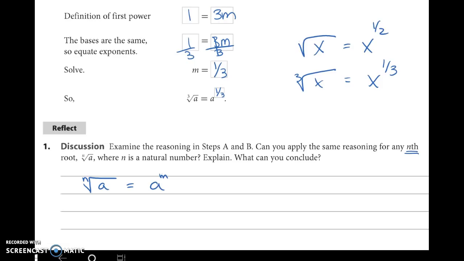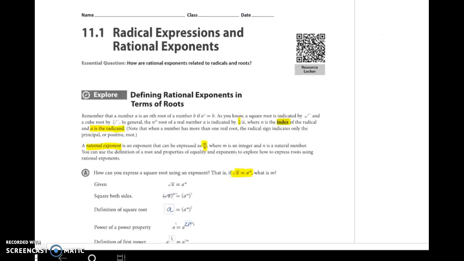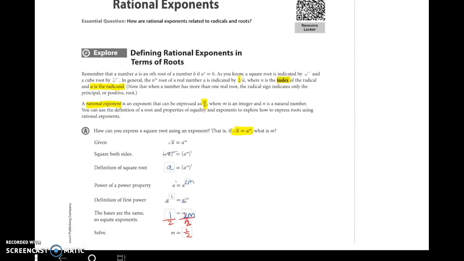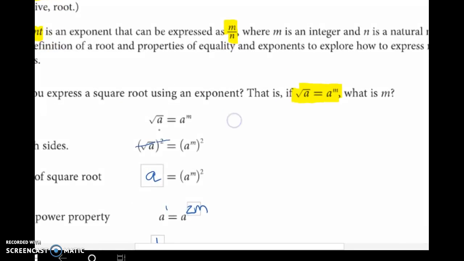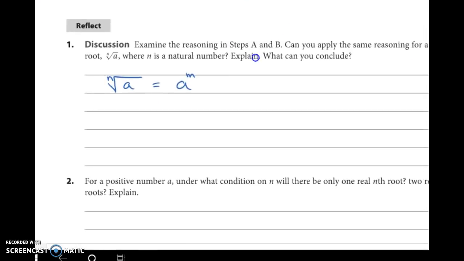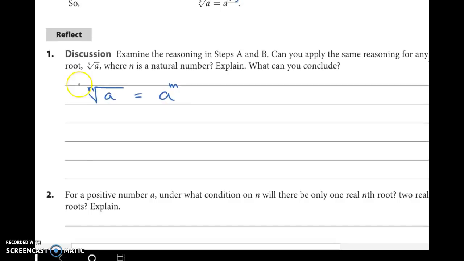Let me make sure I set it up the same way they did. Okay, perfect. So I'm setting up my nth root of a equal to a to the m on my reflect. And now if I raise both sides to the nth power, I would get a equals a to the mn. Remember, this is an exponent of 1, and so I can set those exponents equal: 1 equals mn.